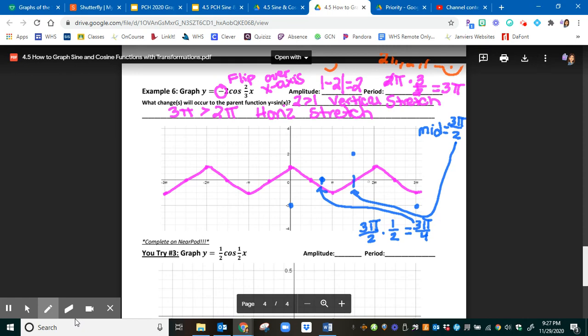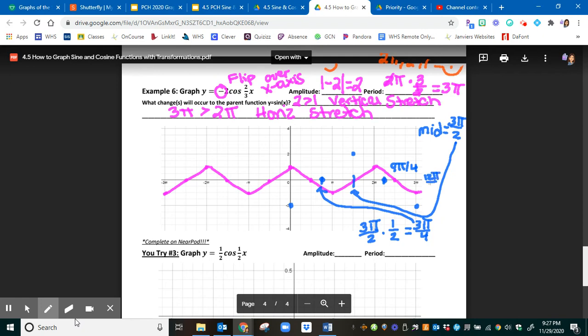So 1, 2, 3 is right here, and that gives us 9 pi over 4. If I add another 3 pi over 4, that's 12 pi over 4, which reduces to 3 pi.